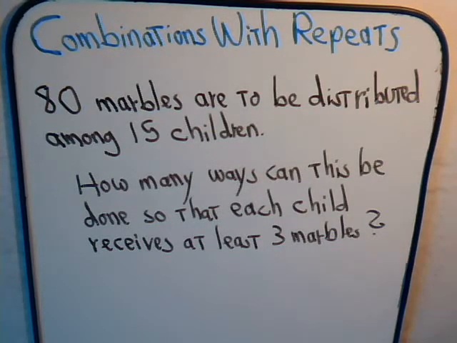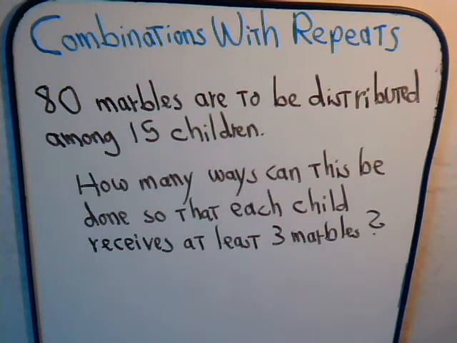We simply had 80 marbles to be distributed among 15 children, and there was no rule set up as to how many marbles each child could receive. In one kind of distribution, one child might receive all 80 marbles, and the other 14 children might not receive any. Or one child might receive 1 marble, and then the 80 marbles will be evenly distributed amongst the other 14 children. There's all kinds of ways to do it, and we want to know what is the total number of ways.